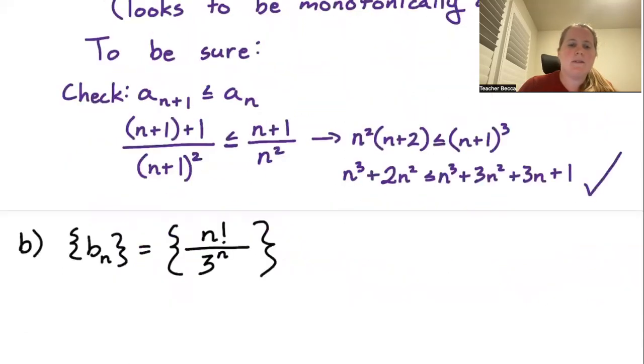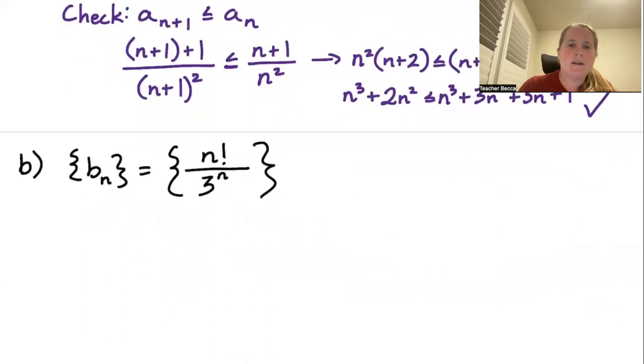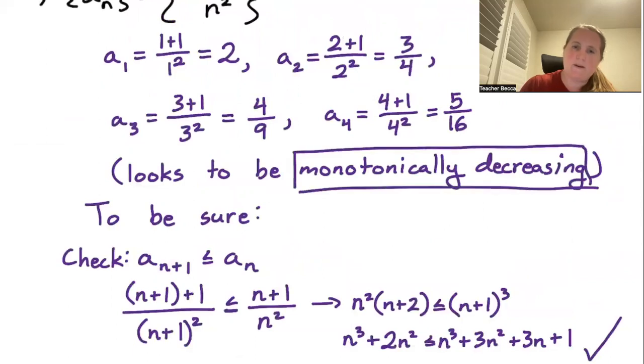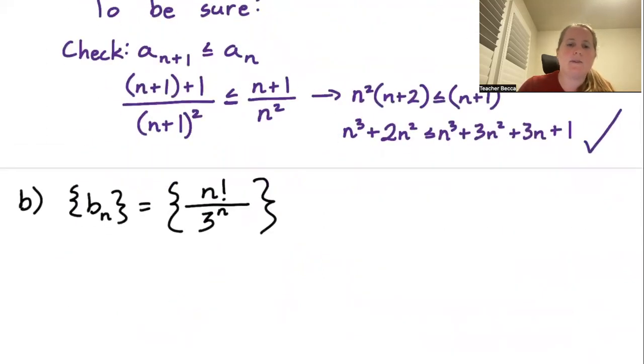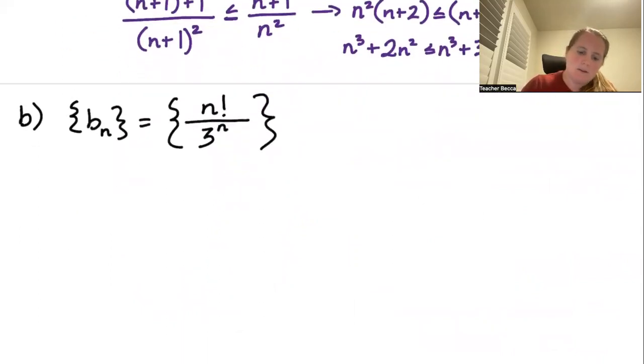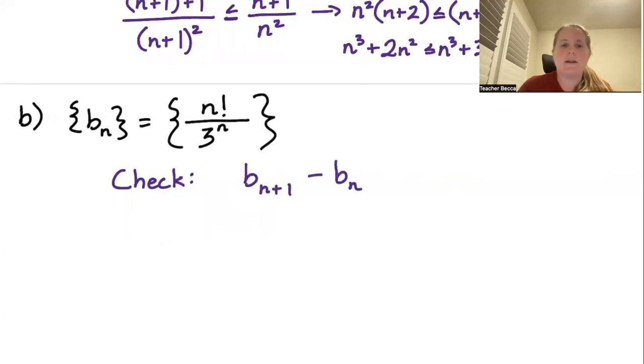So next up, let's take a look at b sub n equals n factorial over 3 to the n. Again, let's check b sub n plus 1 minus b sub n and see what we're looking at.